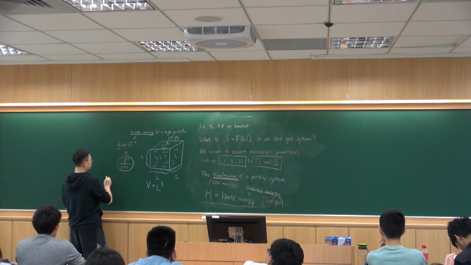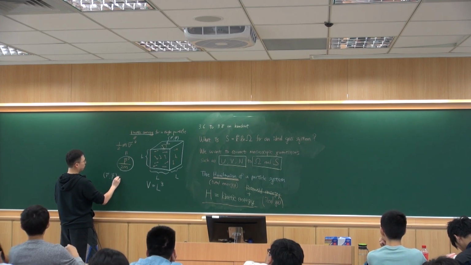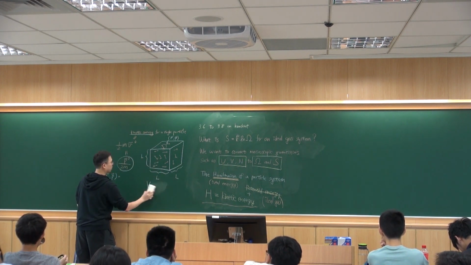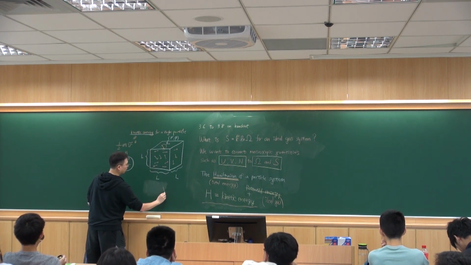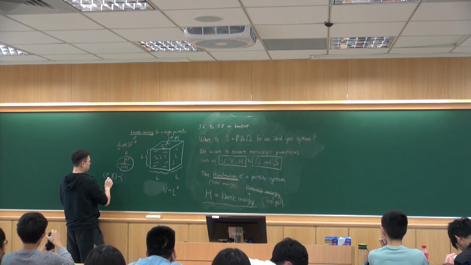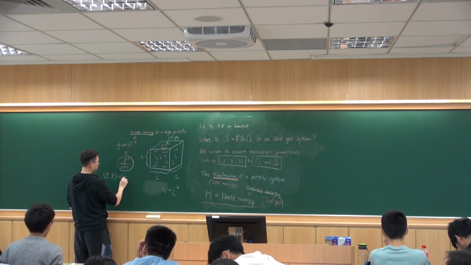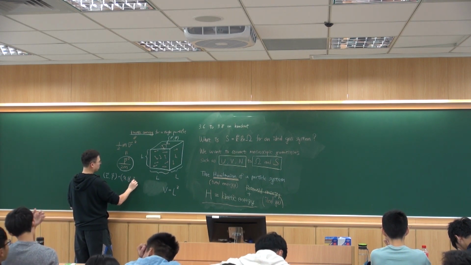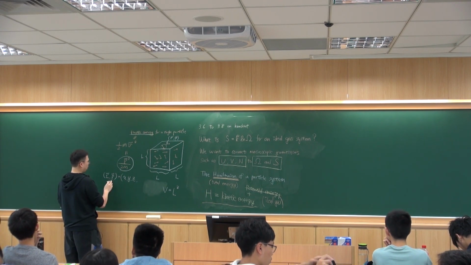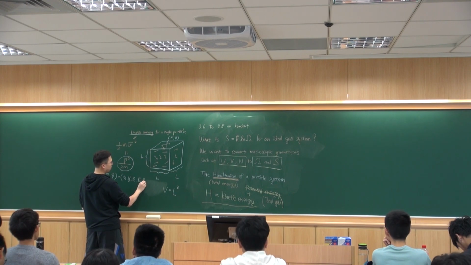And this r and p is further represented as, because we know for a 3-dimensional case, we have x, y, and z for r. And for p, you have px, py, and pz.